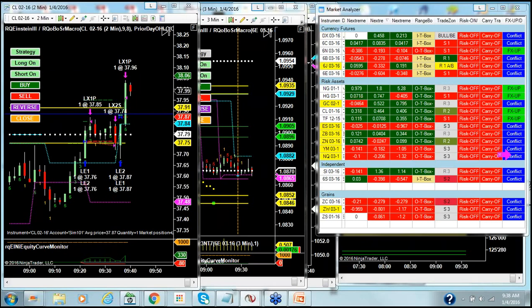So as long as slippage is not too bad, we shouldn't be losing on this trade. There is your stop loss, which had been down here, moves up. Here's your first profit target.